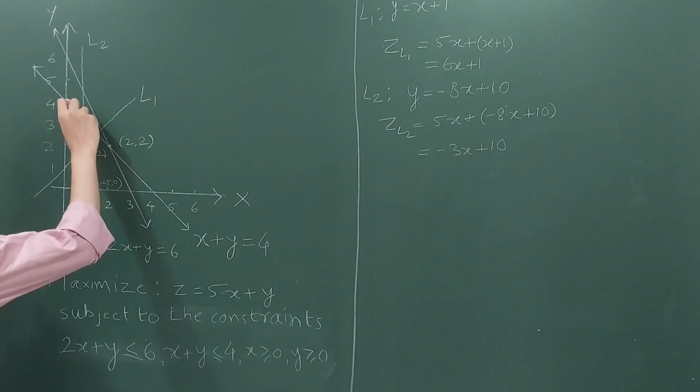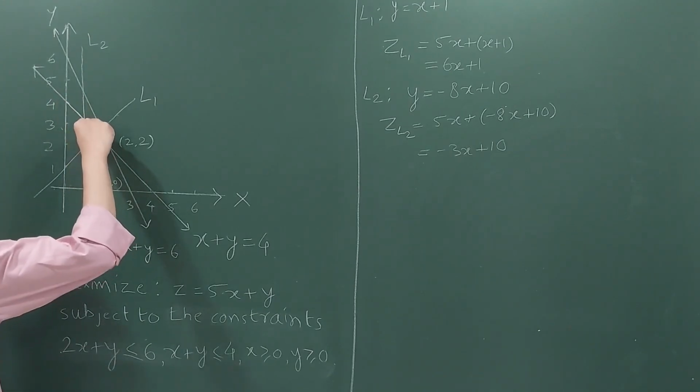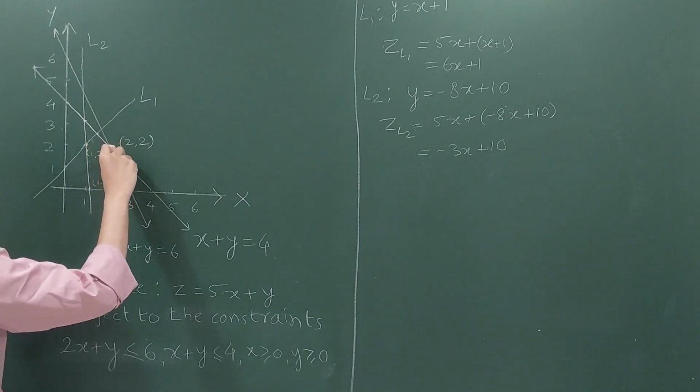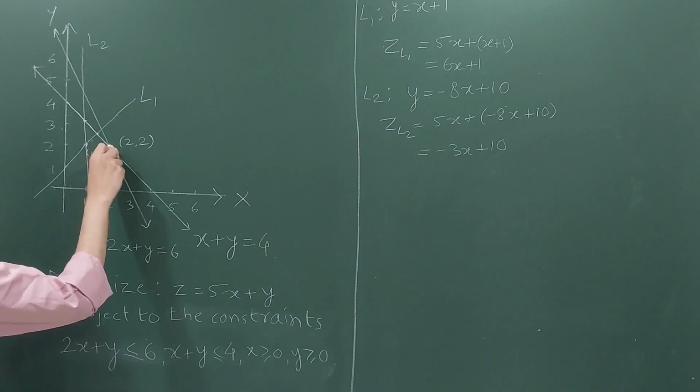For example, this edge is a part of the boundary of the feasible region.